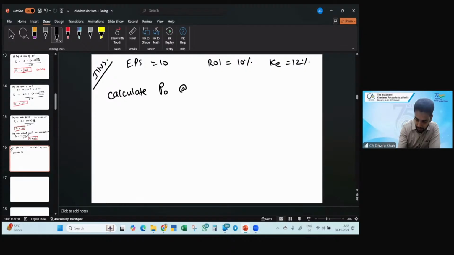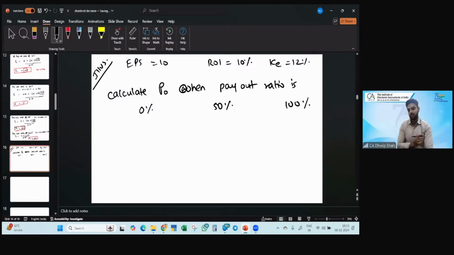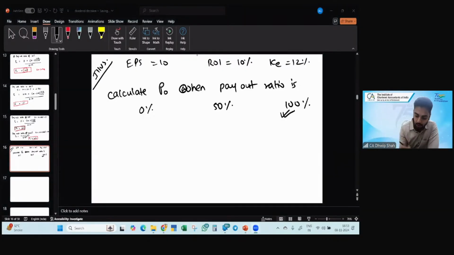Calculate P0 when payout ratio is 0%, 50% and 100%. See, ideally, at this point, you should be very clear that market price in this case would be highest at 100%. Why? Because ROI is less than KE. Yes, ideally should be 100%. So now let's verify whether it is coming or not.